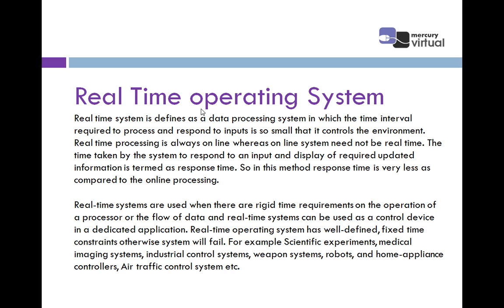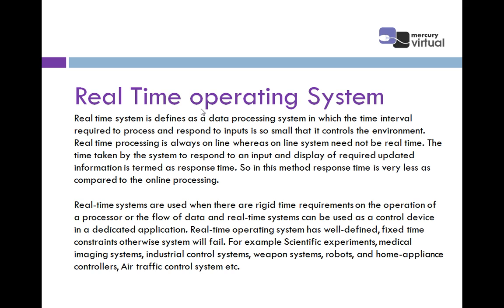As the name advises, real time means time is very precious. Time plays an important role. So, an operating system that provides the interface in which time plays an important role is known as a real-time operating system. Right. For example, the best example is the ATM machine. You go to the ATM, you punch the card.